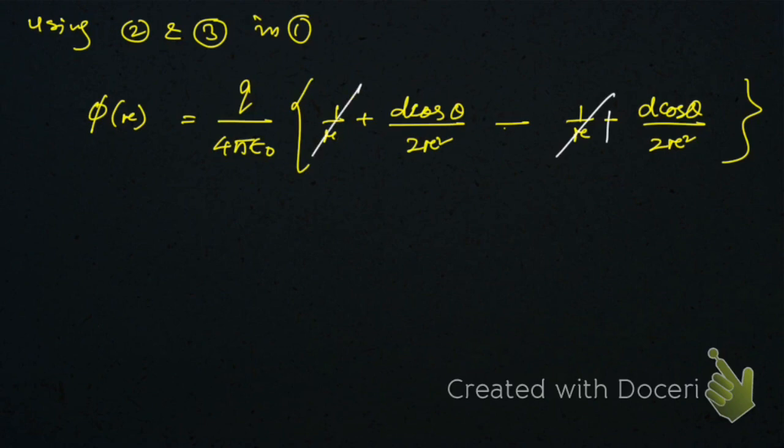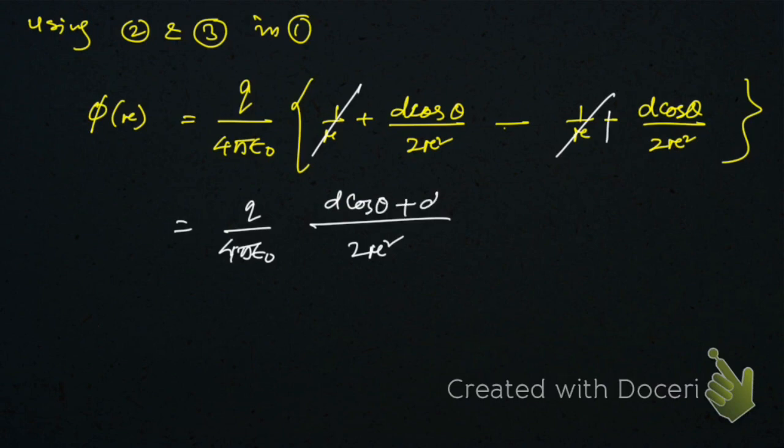That plus 1 by r is going to be cancelled, and that's why what we will get is q by 4 pi epsilon naught, 2 d. If you take the LCM, 2r square will be the LCM, d cos theta plus d cos theta, that's going to be equal to 2d cos theta, and here the 2 cancels.